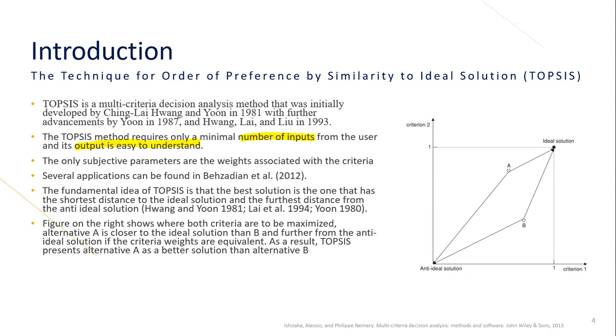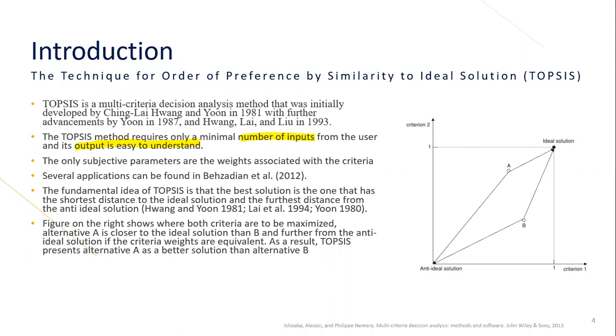Basically, TOPSIS is a very simple approach. The number of inputs needed to conduct TOPSIS is much less than AHP, because later you will see that there is not much procedure needed based on the input being provided. And the end result is also very easy to understand and analyze.